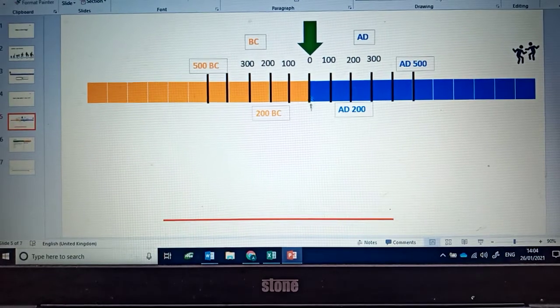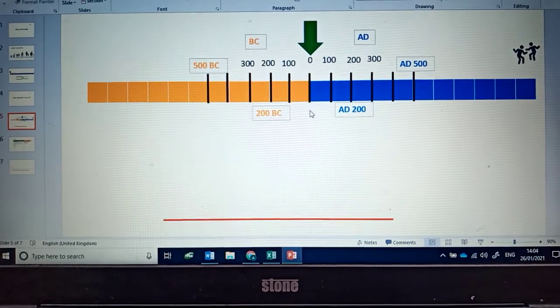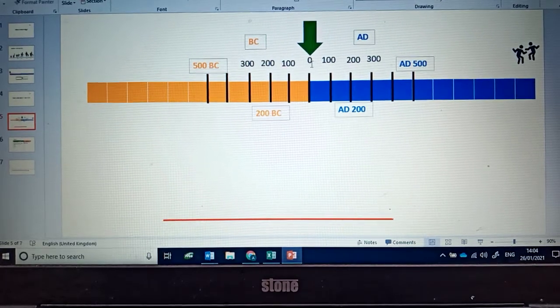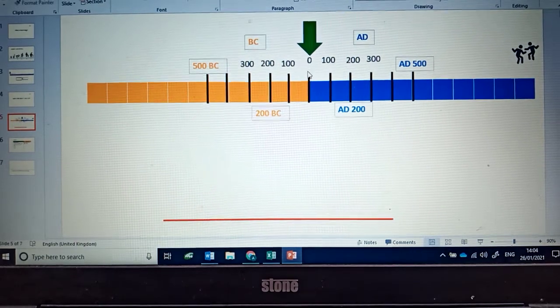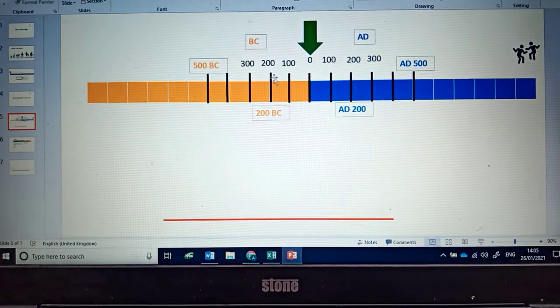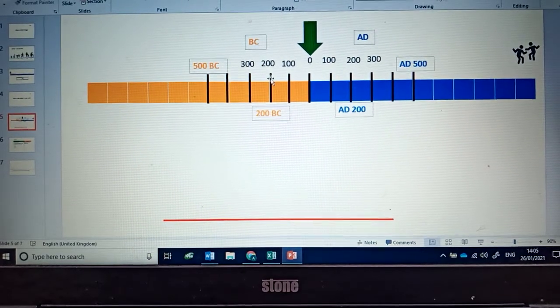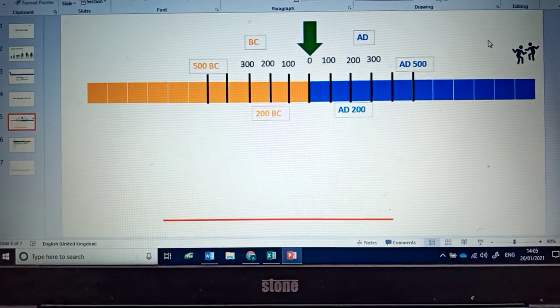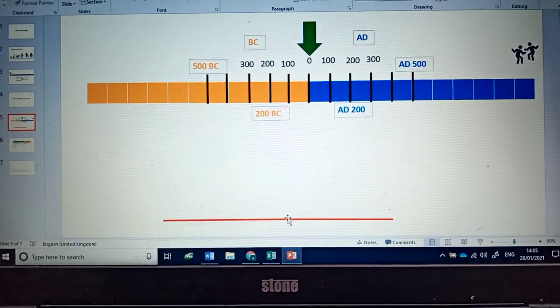Okay, so when you come to do your timeline in your book, draw 10 centimetres to 0 and label them in hundreds. And then from 0, draw another 10 centimetres and label them in hundreds. But to sort them out, remind yourselves that this side here are all BCs, and this side here are all ADs. Okay, it's a bit weird, guys.